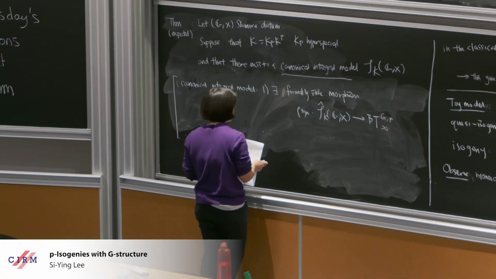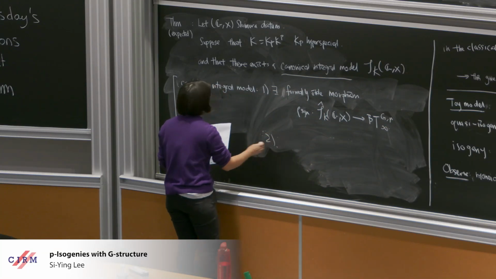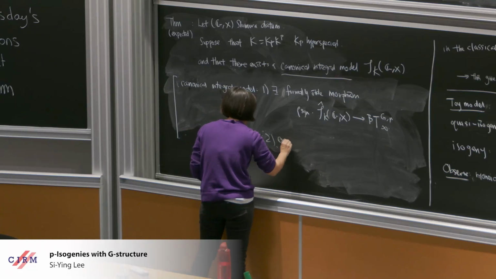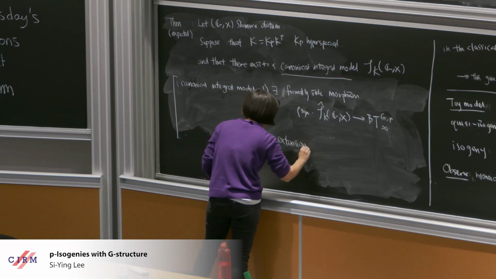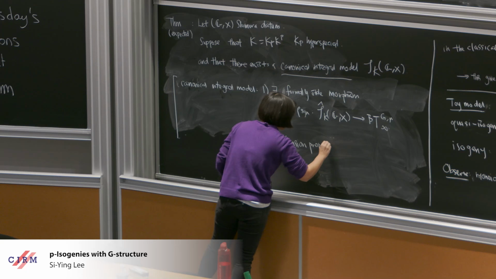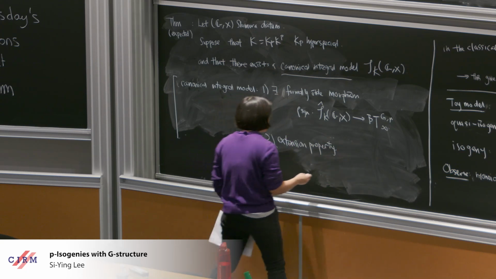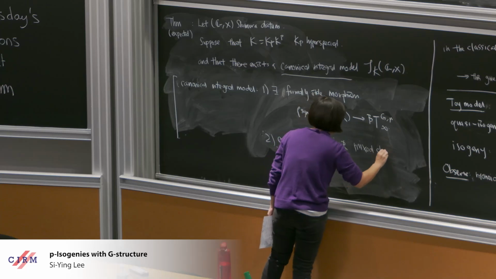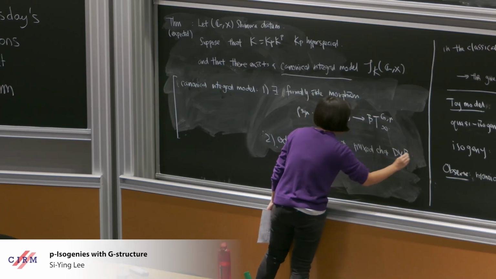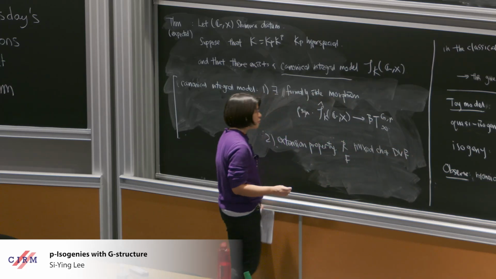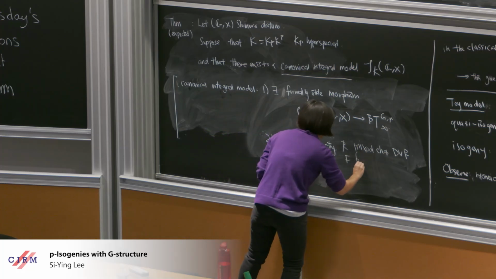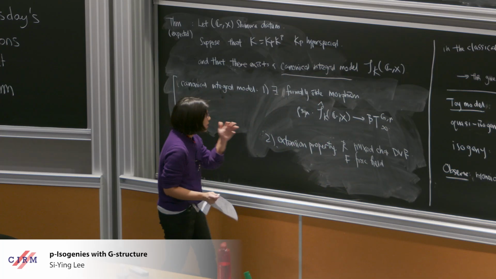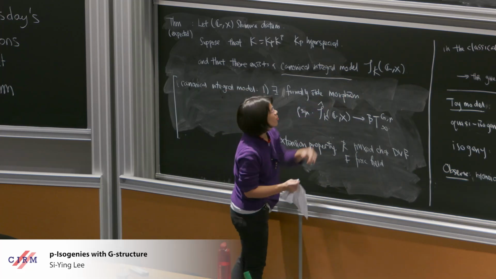So I need that, but I also need not just that, but also a kind of extension property. So the extension property: if R is a mixed characteristic DVR, and say F is its field of fractions, then when do I get a point of the integral model?